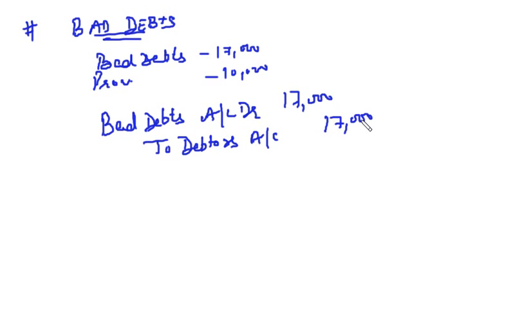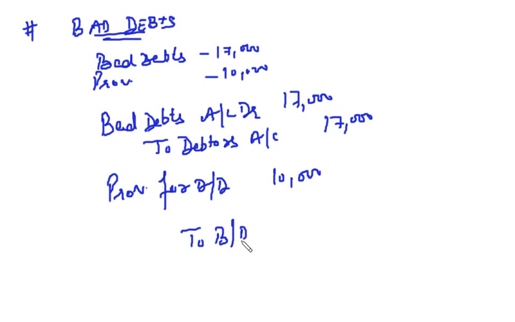Clear? Now we have to write off these bad debts. For this we have a provision of 10,000. I'll say provision for doubtful debts 10,000 to bad debts, but bad debts we have of 17,000.